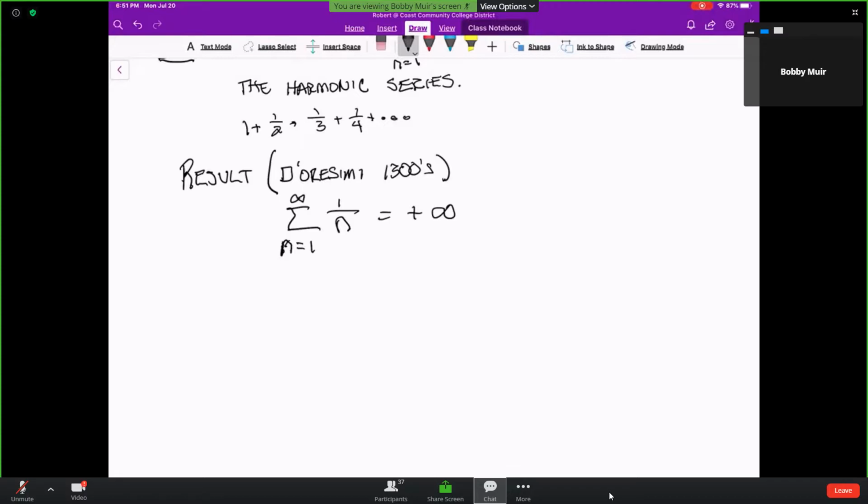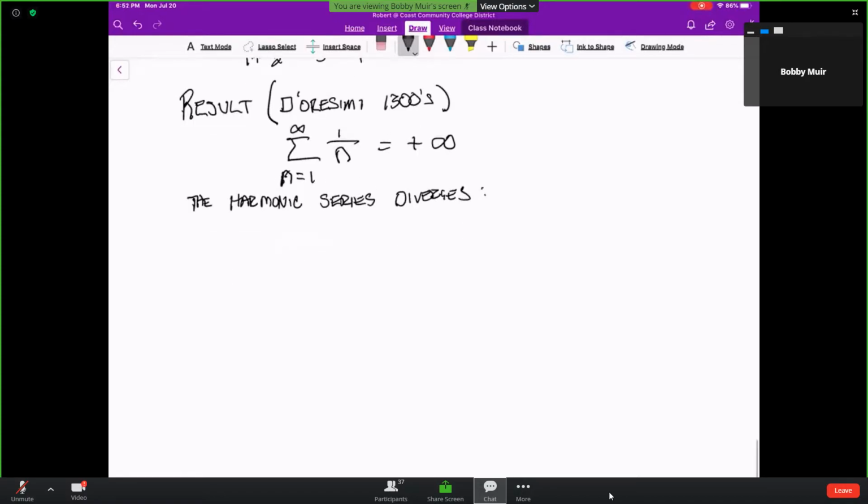We got the nth partial sum to be bigger than a fixed number involving n, and then when you let n go off to infinity, it gets pushed off to infinity. So the harmonic series diverges. Apparently these numbers don't get small enough to add up to something.